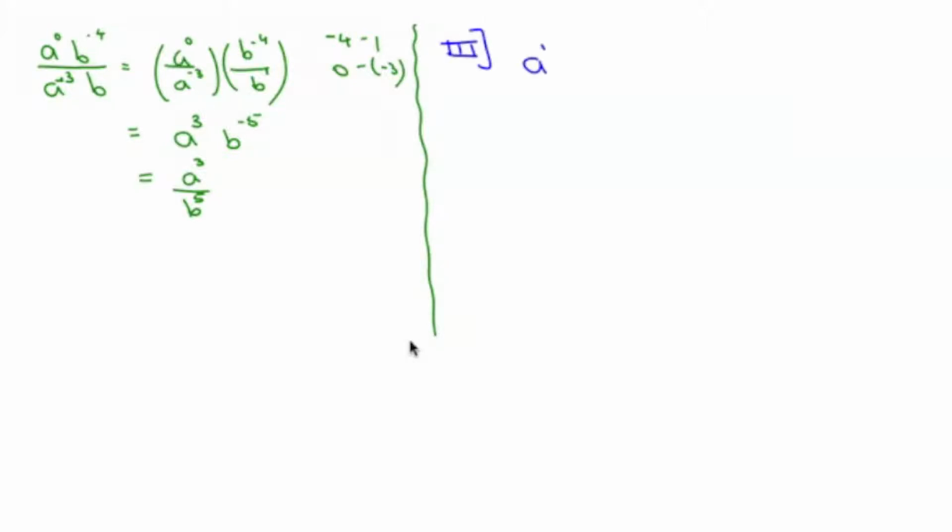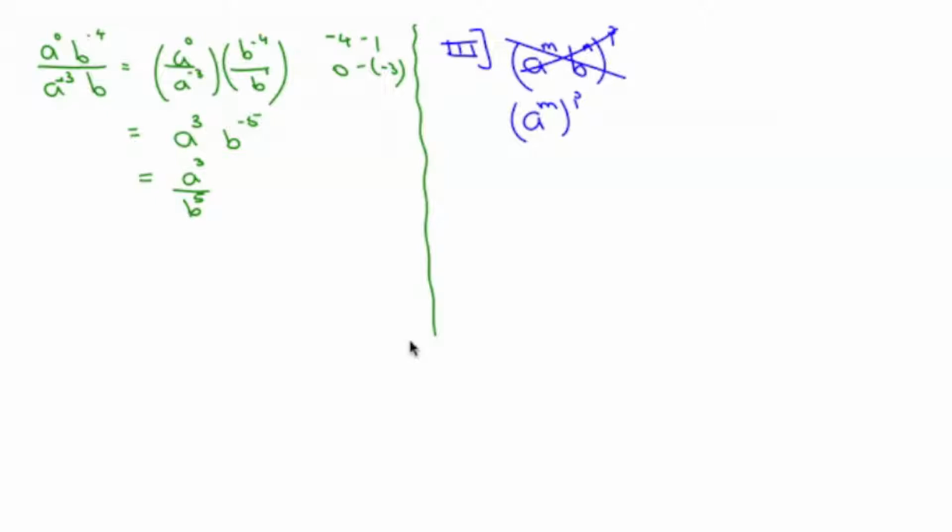A to the m, b to the n, raised to the p. Well, actually, no. That's going one step too far. A to the m raised to the p. Let's go simplistic first, and then we'll build into the harder one. Now, when you read this in exponential language, it reads as there are p factors of a to the m.